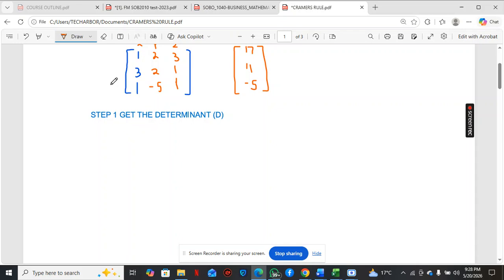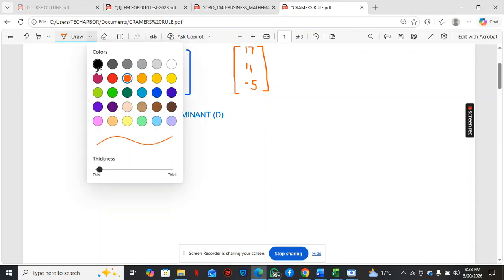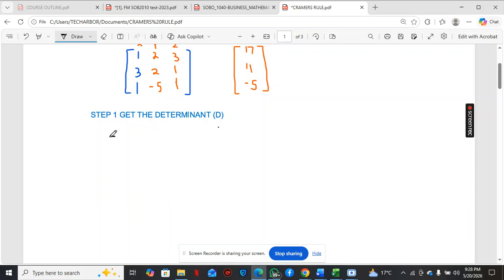Let me write it down here, the coefficients matrix. We're going to have 1, 3, 1, 2, 2, negative 5, and 3, 1, 1.